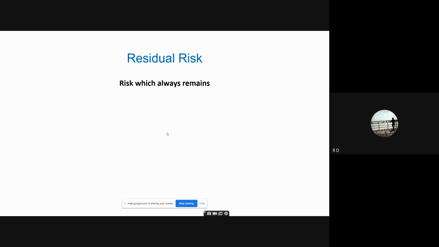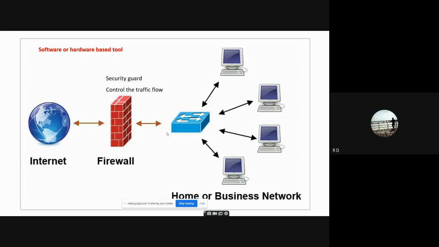Here we have to understand the working of these things. For example, what is a firewall? A firewall is a hardware or software based tool which controls the traffic flow. Now, what is the important thing in a firewall? Will just implementing the firewall work? No, we have to configure the firewall. How?